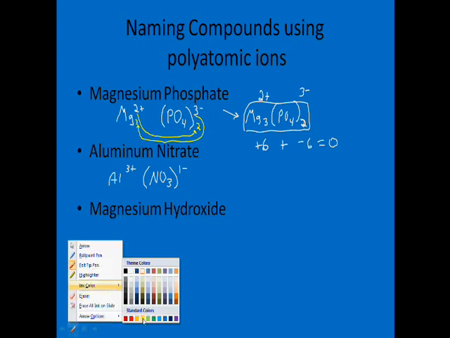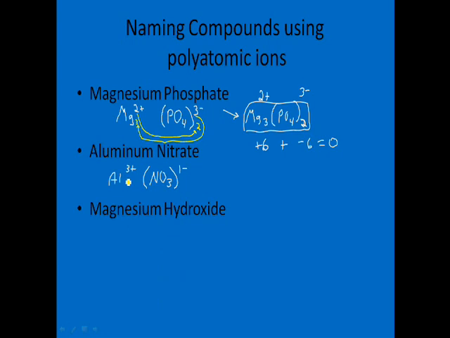That 1 came down. I'm going to need 3 species 1-. So my formula for aluminum nitrate comes out to Al(NO3)3. Notice I didn't write the 1 next to the aluminum because it's understood that aluminum is written there.